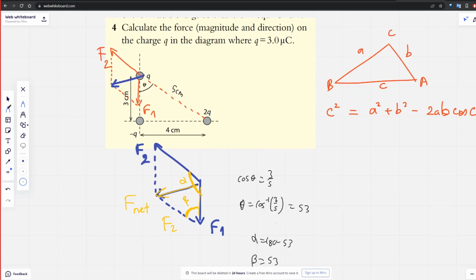I think it's 53. 53 degrees. Now calculate F1 and F2.